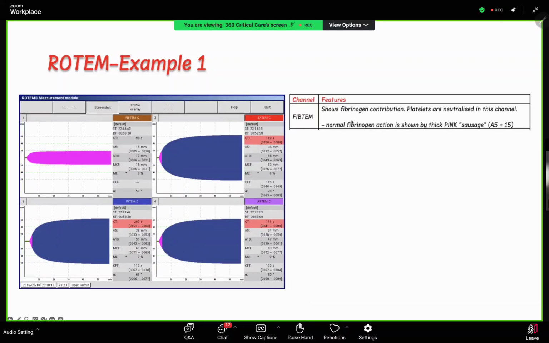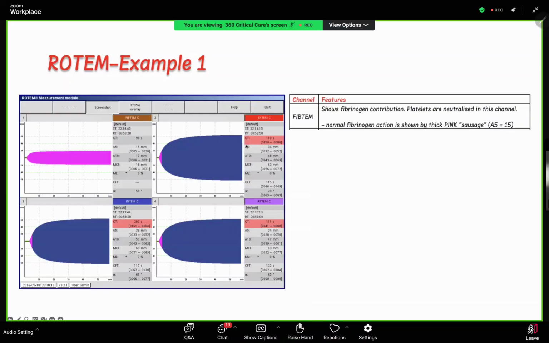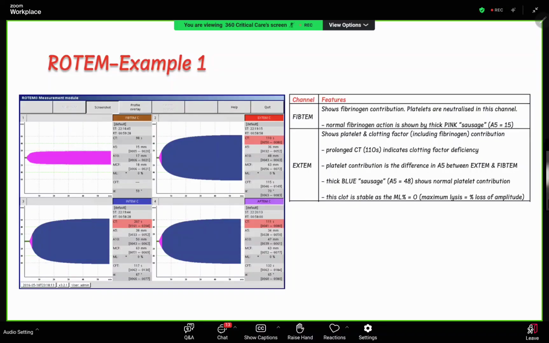First one. So FibTem. As I said, FibTem shows the contribution of the fibrinogen. Platelets are neutralized in this channel. So in this case, the FibTem A5 is normal. It's 15. So there's no issue with the fibrinogen here. Next channel that we see is the XTEM.